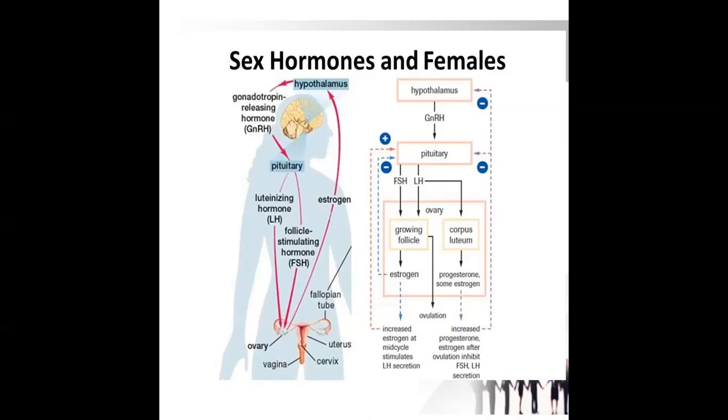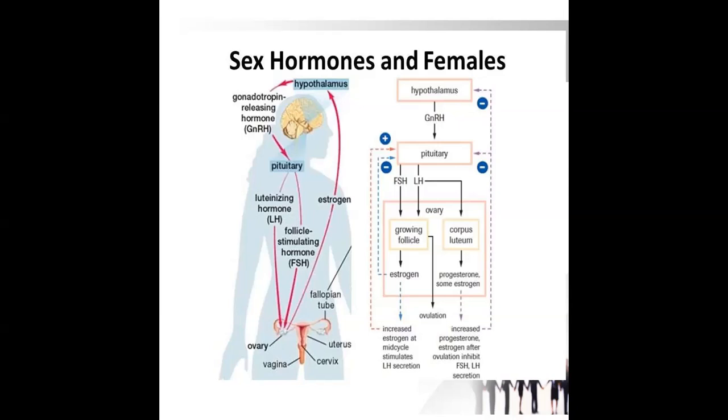And the pituitary in turn stimulates the release of LH and FSH, which in turn act upon the ovary and other female genitalia: the fallopian tube, uterus, cervix, and vagina.